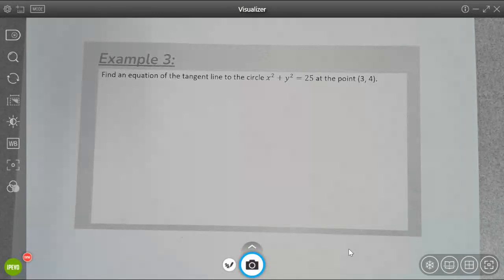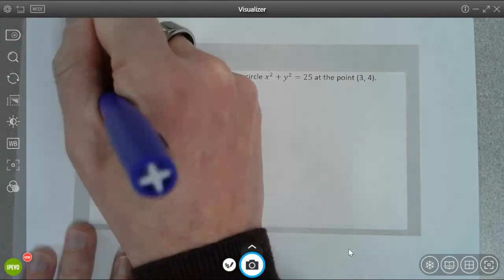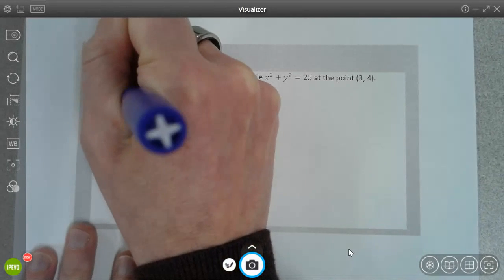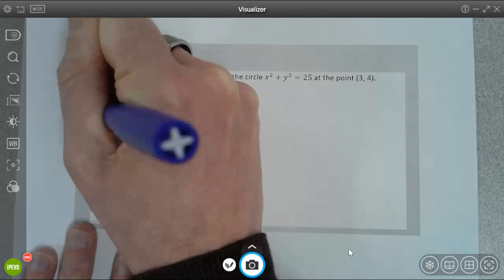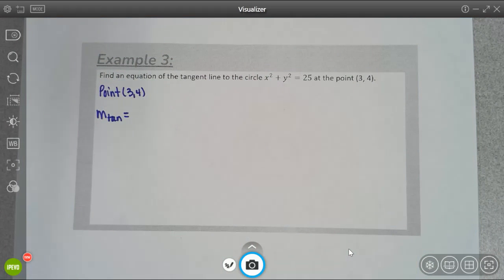So we know that in order to write an equation of our tangent line, we need a point, and we have our point, and we need our slope of our tangent line. And we know already that the slope of our tangent line is equal to the derivative of our function at that point.